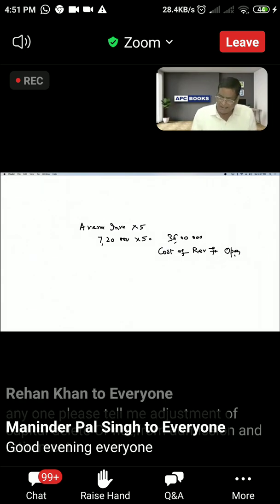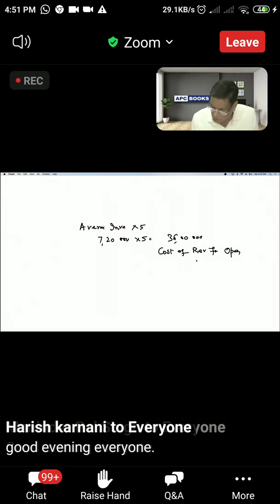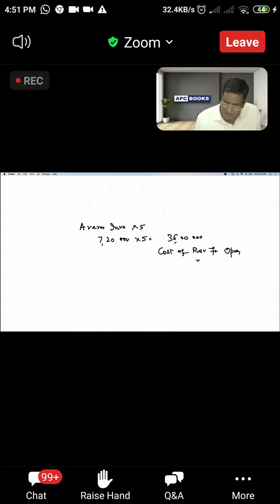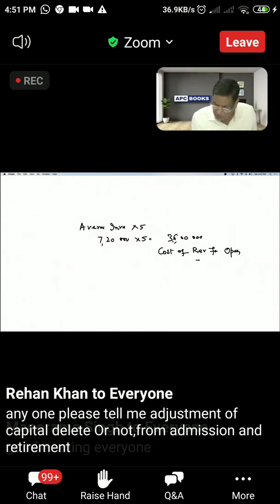But we require revenue from operations. This ratio will be calculated with the help of revenue from operations, but average inventory multiplied by 5 is the cost of revenue from operations.